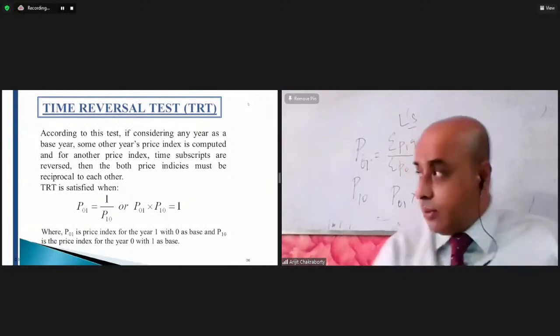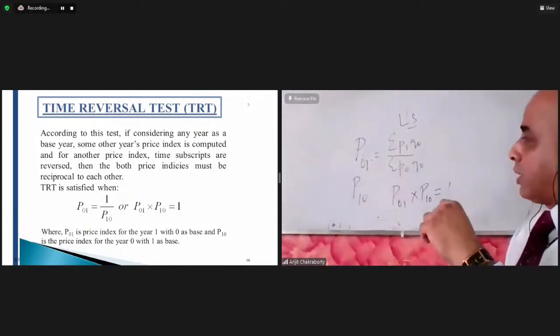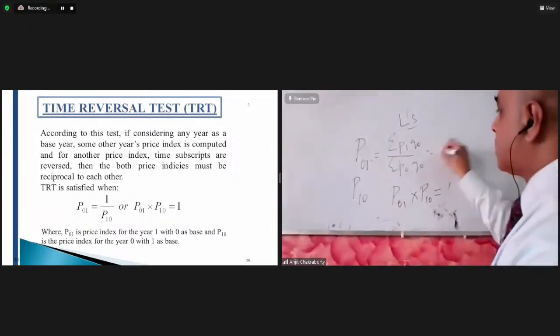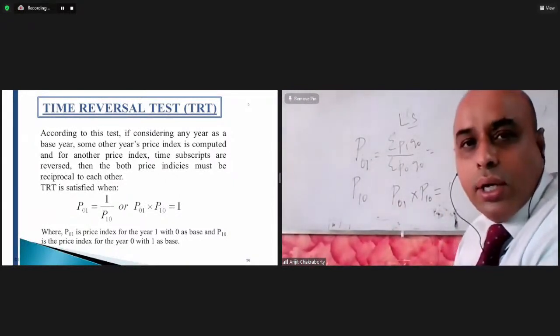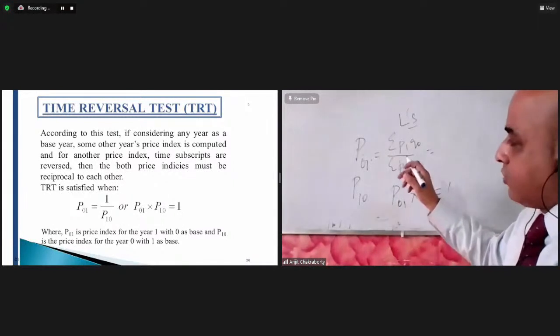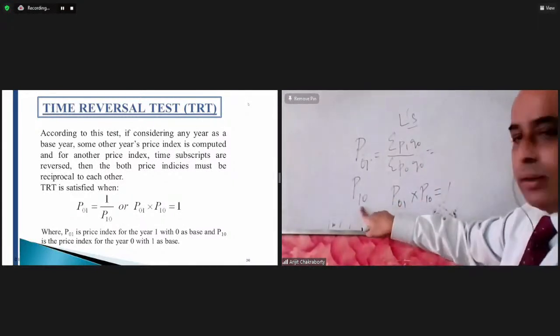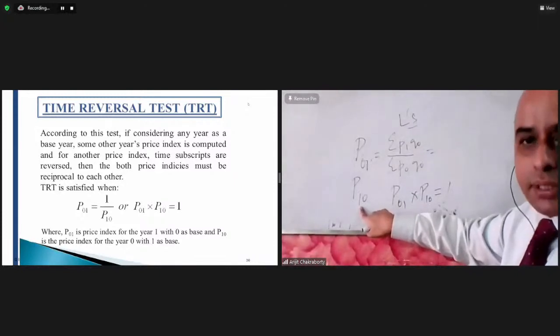Here we have seen this was P01, but in the case of P10, what will happen? P10 means we are trying to find the price, and the quantity will be adjusted keeping in view that now P1, the current year, will become the base.